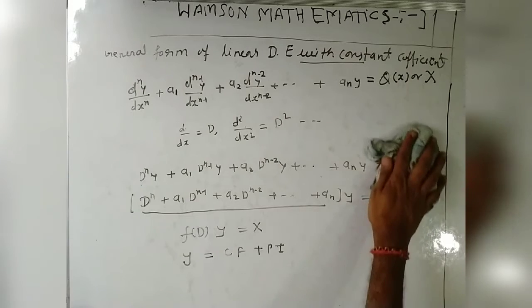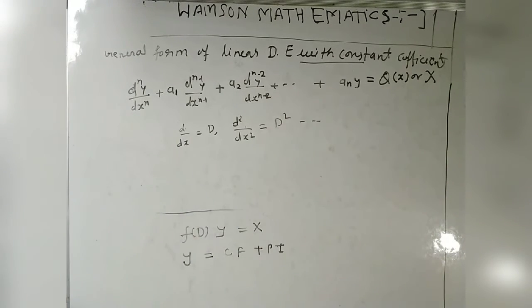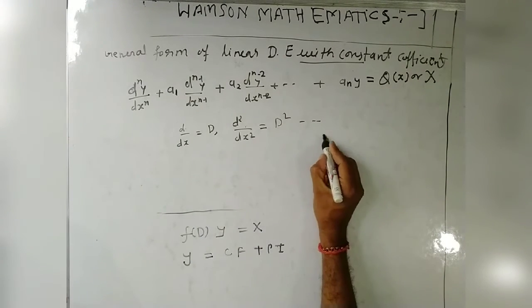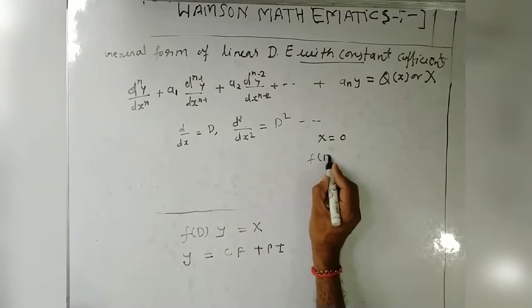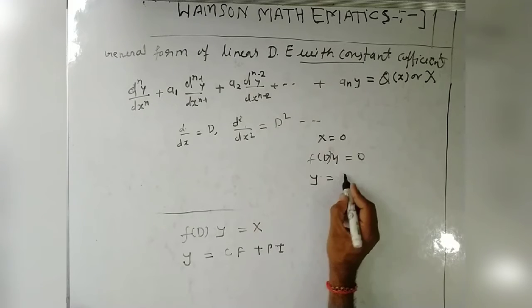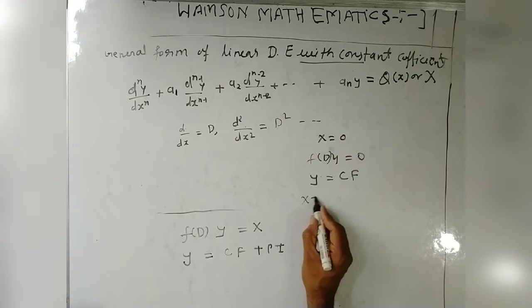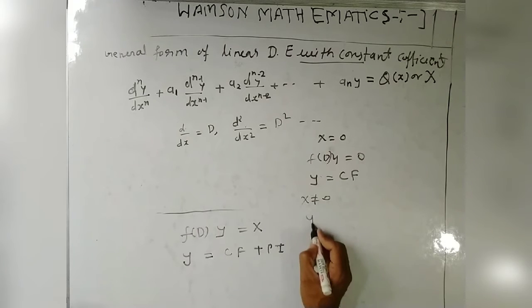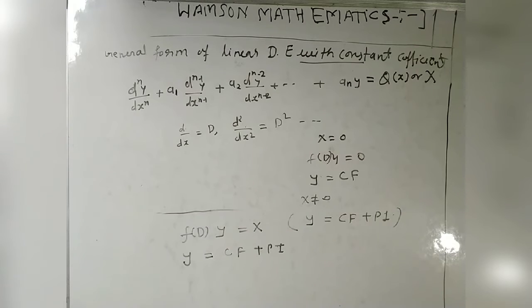Let me write here: if X is 0, that means f(D)y is equal to 0, so the solution is only CF. Or if X is non-zero, then the solution is CF plus PI. So this is our introduction.